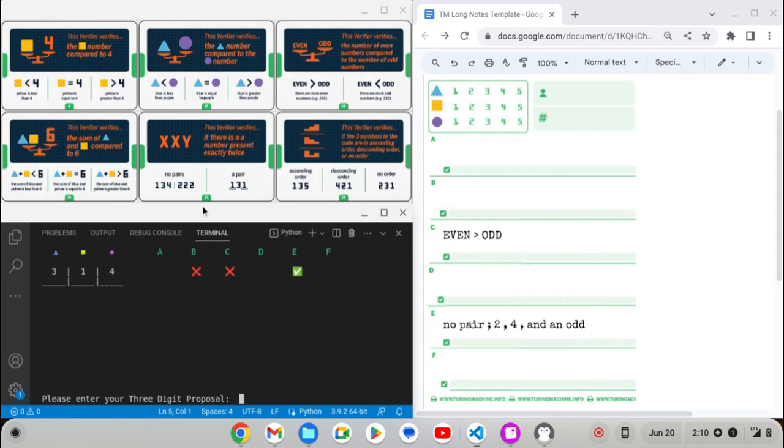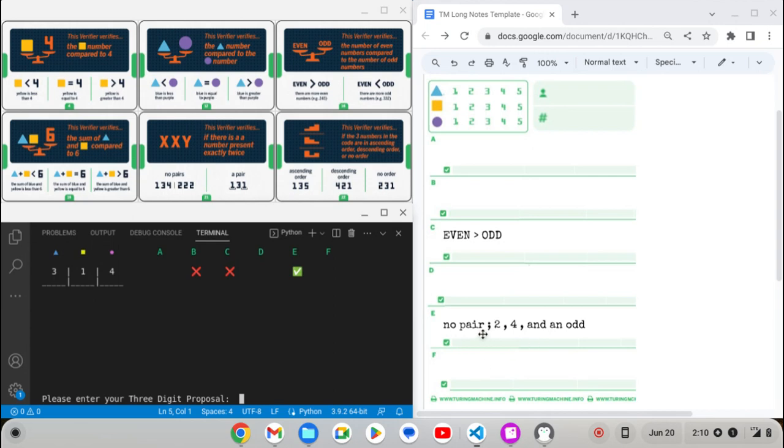Okay, so it did not approve of the proposal. Notice that I do have triangle 3, circle 4. It did not approve of it, and so we know that triangle can't be less than circle. I think we can even deduce that it can't be equal, since they're all distinct.